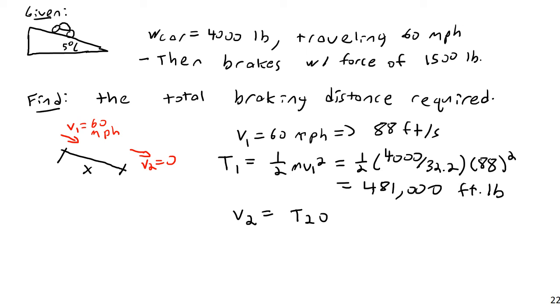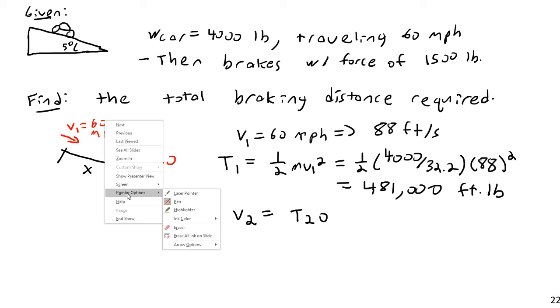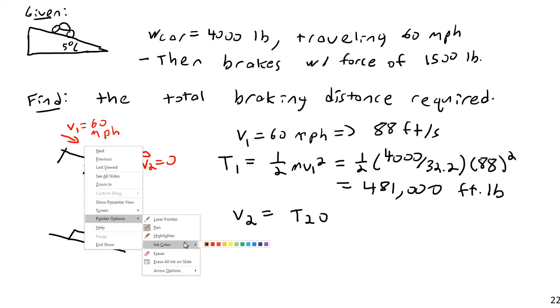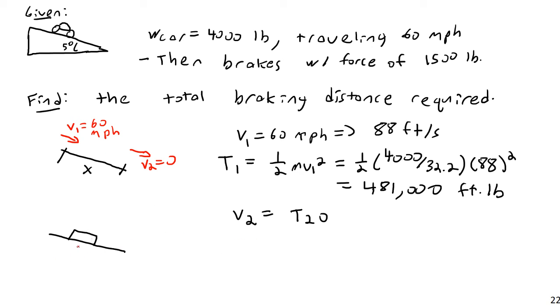Now, I need to relate work to this. Let's do a little free body diagram here. If I consider the car just as a block, I'll have normal force, and this will be our 5-degree angle.